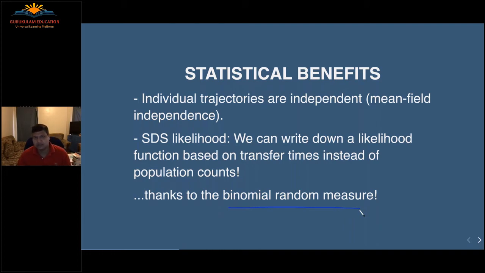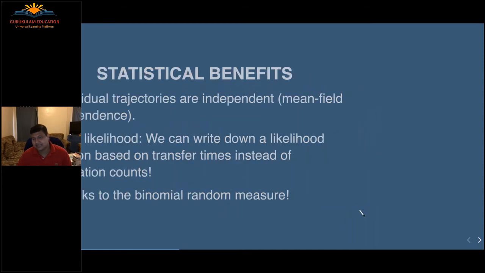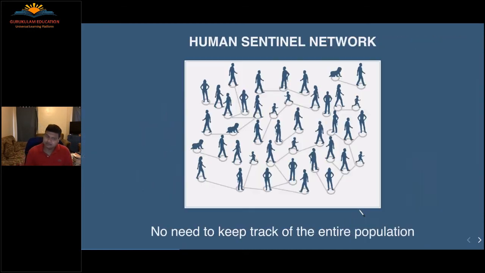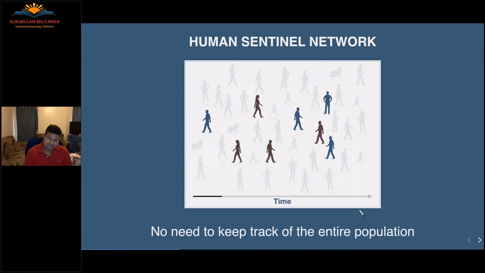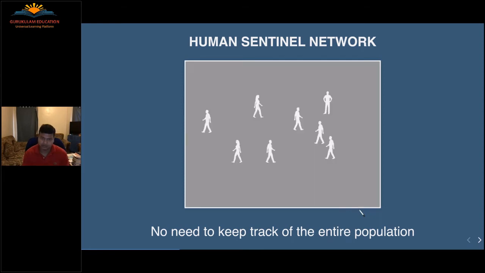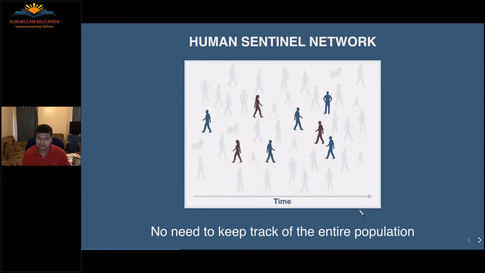So here's again a cartoon depiction of this idea. Suppose you have this big population and you can't potentially keep track of everyone, but you can probably keep track of a random sample of individuals. That's what we call a human sentinel network. So you have the whole population, and then this is my random sample.